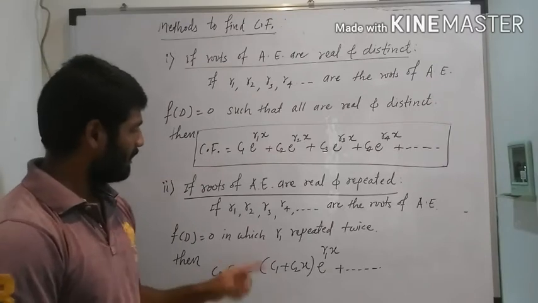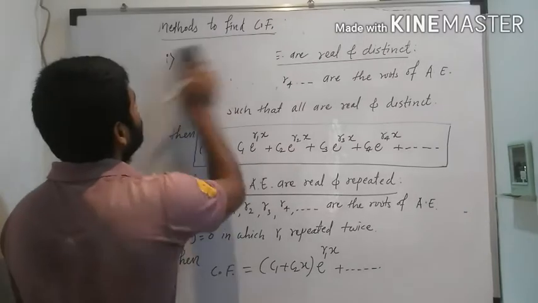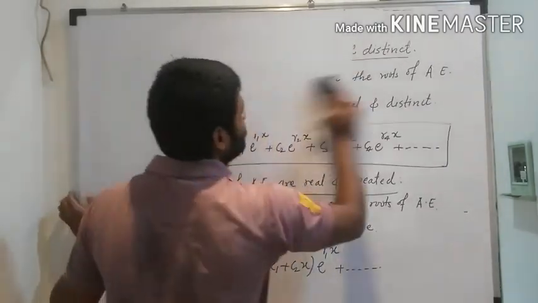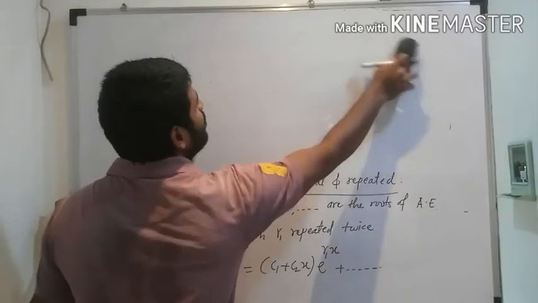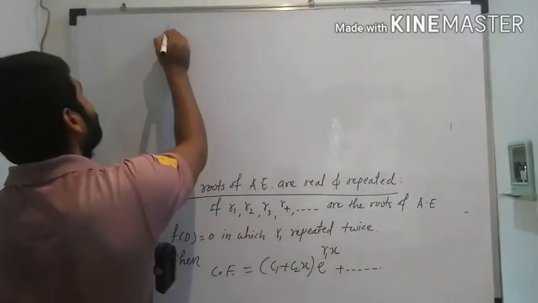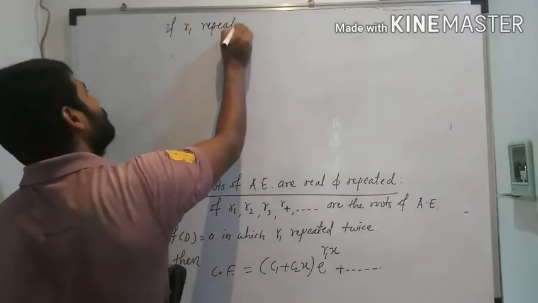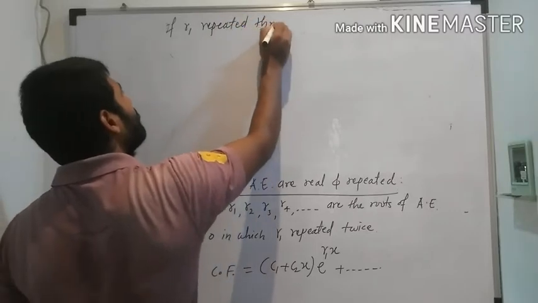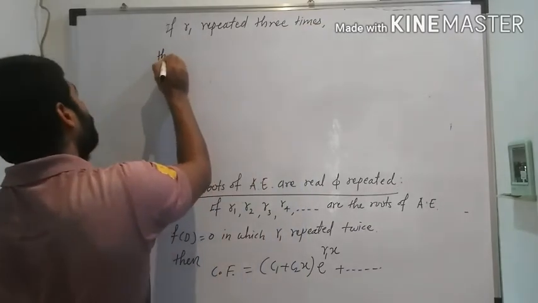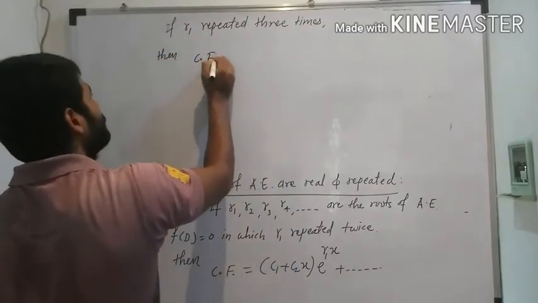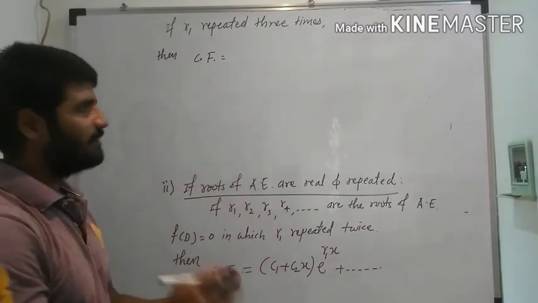Now, what happens if R1 is repeated three times? Let us see the next. If R1 is repeated three times, then the complementary function is equal to, now R1 repeated three times means three roots are the same.